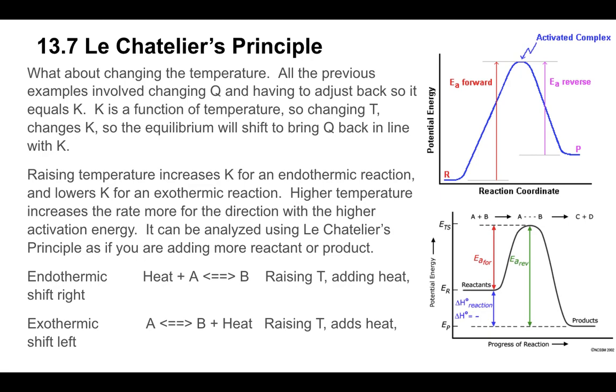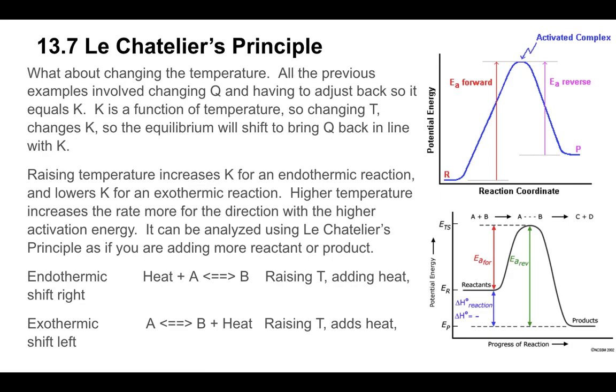Now, if you take Le Chatelier's principle, the way to apply it would be to treat heat as a reactant for an endothermic reaction or a product of an exothermic reaction. Treat it like it's a chemical. In an endothermic reaction, you put in heat. In an exothermic reaction, you get out heat.